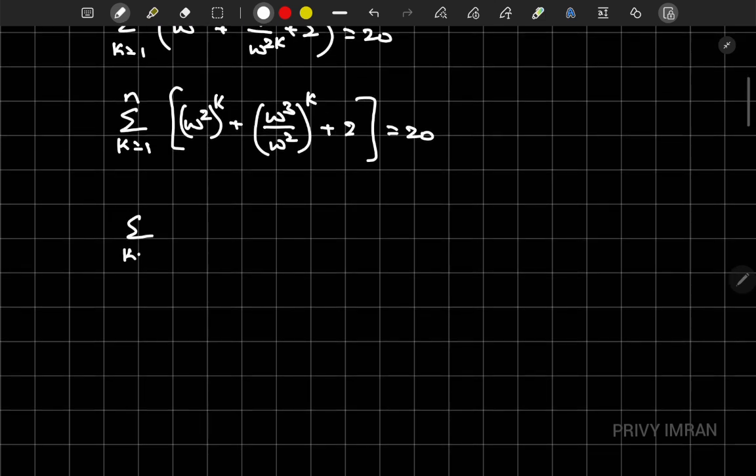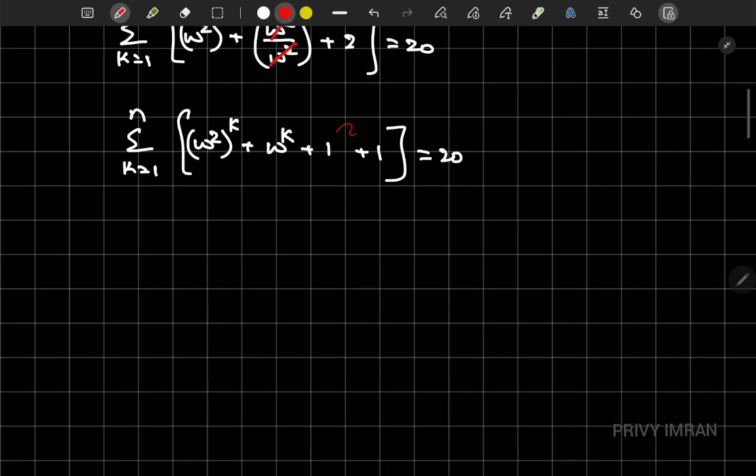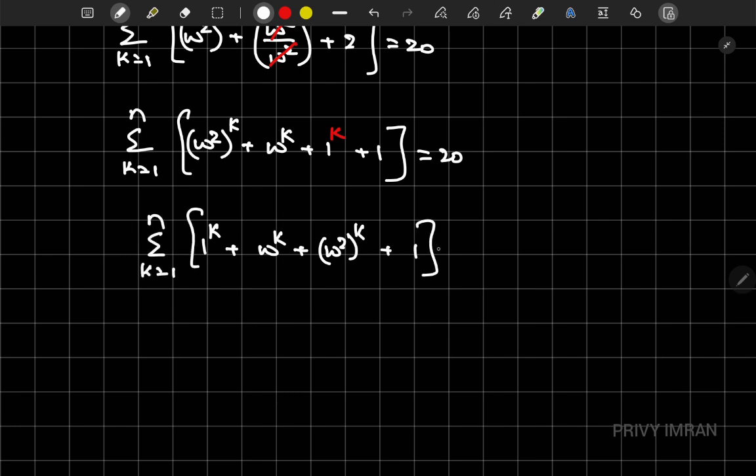Where sigma k equal to 1 to n, (omega square) whole power k and omega cube by omega square, this value is omega, plus omega power k plus, let me write this 2 as 1 plus 1, will be equal to 20. Now let me write this 1 as 1 power k, then 1 power k plus omega power k plus (omega square) whole power k and again plus 1, sigma k equal to 1 to n value will be equal to 20.